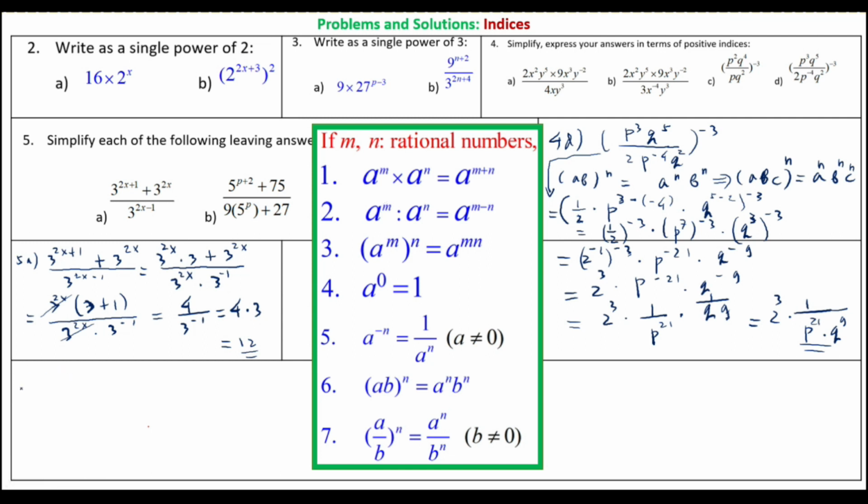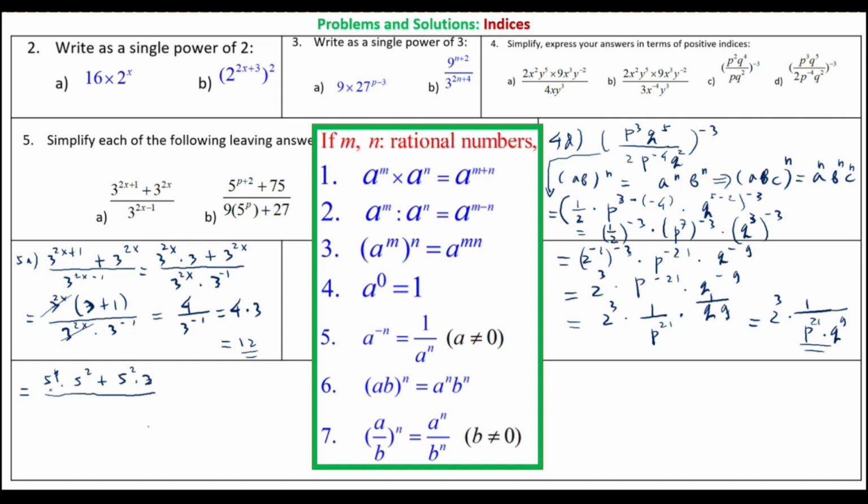So we can just write down straight away the result because we don't need to rewrite again here. So 5 to the power of p times 5 to the power of 2 plus, now we have 75. 75 is 5 squared times 3. 5 squared is 25. 25 times 3 is 75, all over.